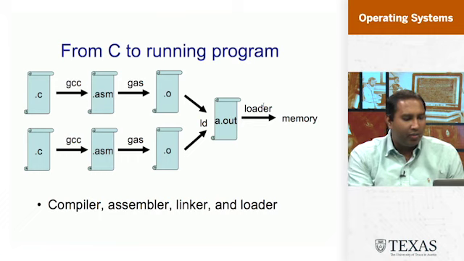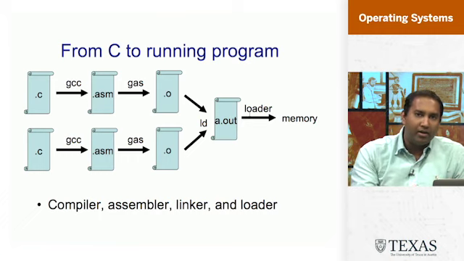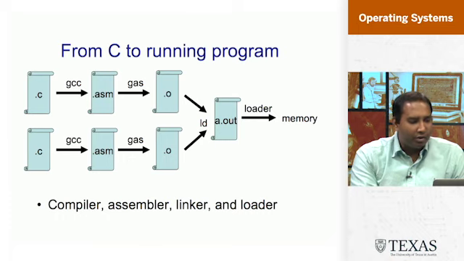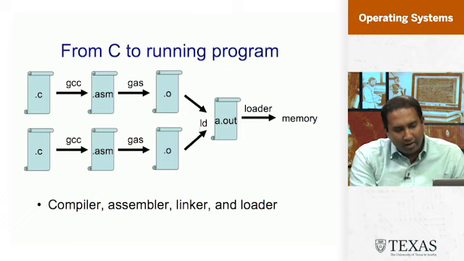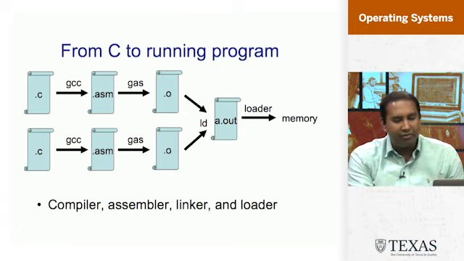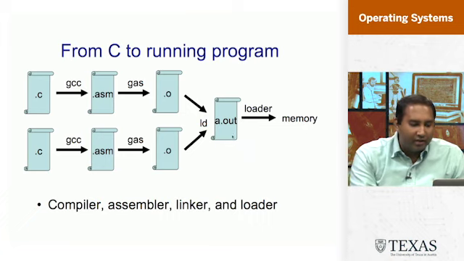So one other thing I want to show is the pipeline as to how an application gets built. Initially you write your C files, and then your C files are compiled by your GCC compiler into assembly code. Your assembly code is then taken by the GCC assembler, and that generates your .o files. These .o files are then linked, because the different files which comprise a single program create an executable, in this case a.out.